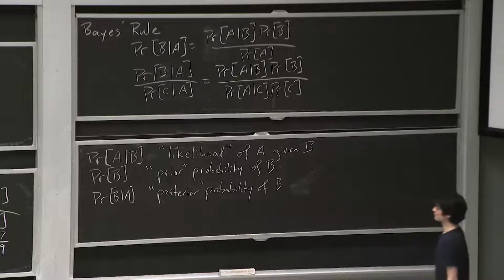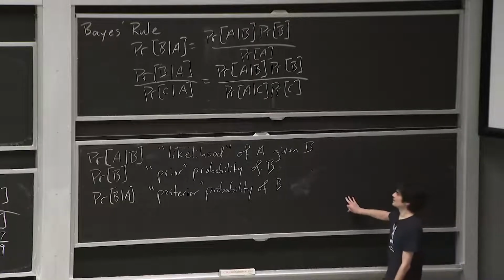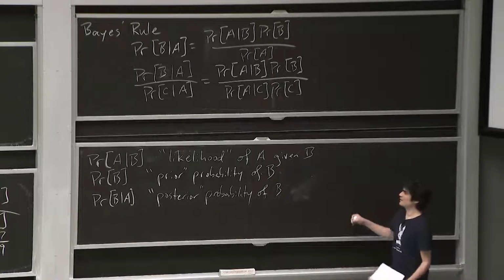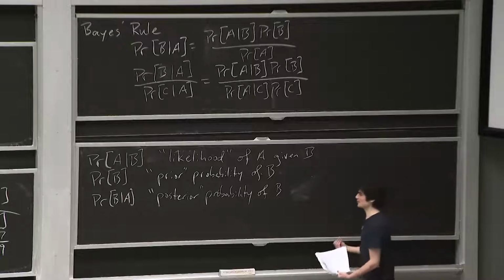So this is how you would normally talk about it in statistics: the likelihood of A given B, the prior probability, and the posterior probability.